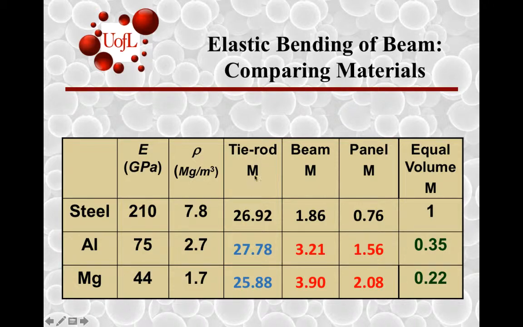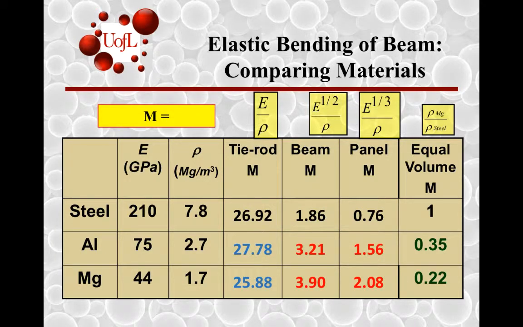So for a tie rod, what is the material index? For a beam, what is the material index? For a panel, what is the material index? So the material index for a tie rod is E divided by rho.